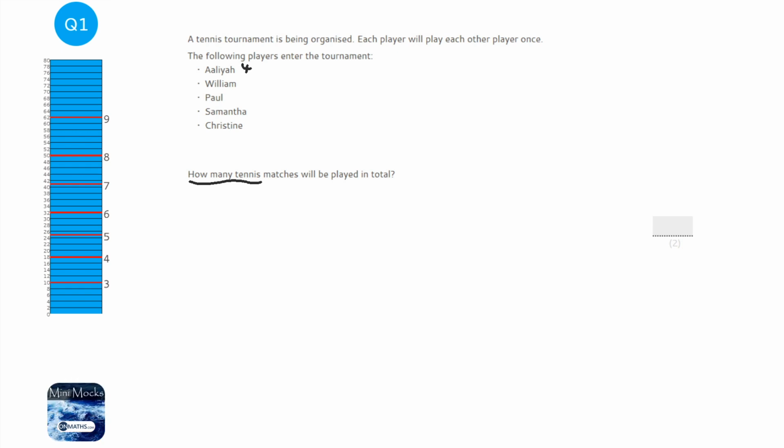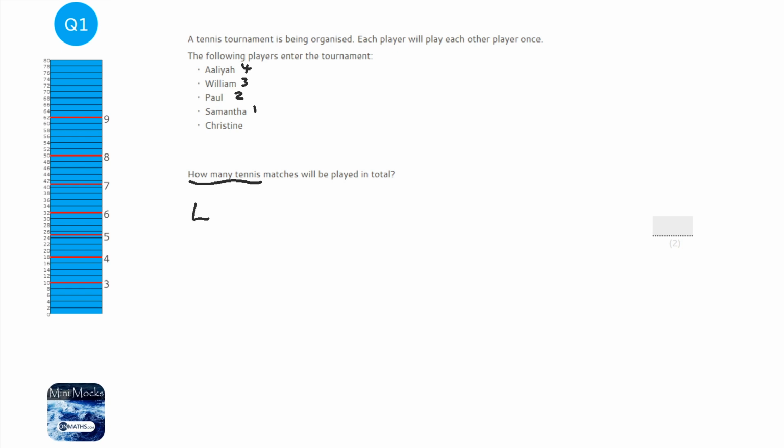William, well, we've already counted Aliyah's match with William, so William only has 3 left that he can play. Then Paul, we've already counted his match with the other 2, so he's only going to play Samantha and Christine, other than his matches we've already counted. Samantha's only got Christine left to play after we counted all the other matches. And Christine's matches have already been counted so far.